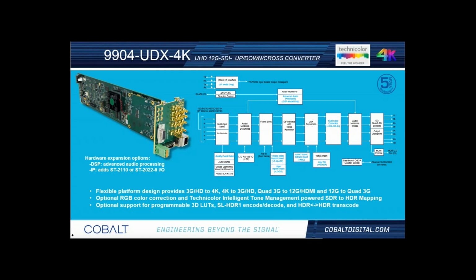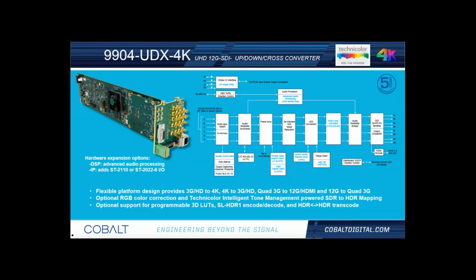Now we move into this. This is what we call our new flagship next generation processing platform. This is our 9904 UDX. This has been a continuation of Cobalt's legacy of being able to build cards that are multi-processing, that can support multi-formats.